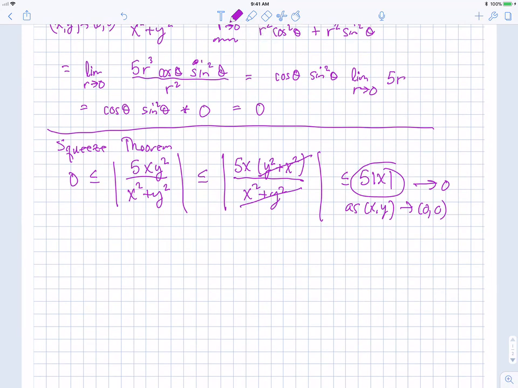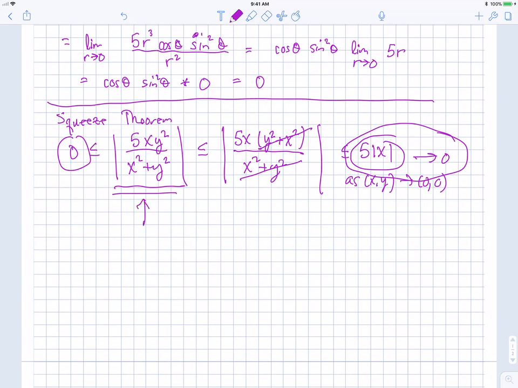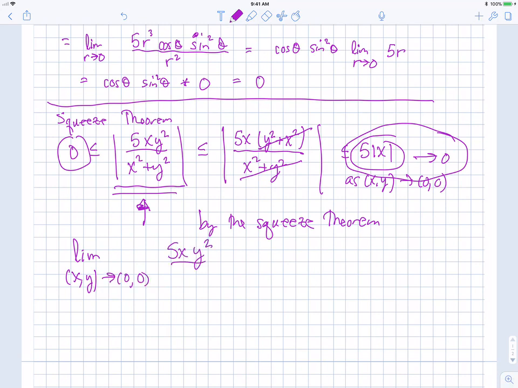So we've squeezed the absolute value of our function between 0 and something approaching 0, as x and y both go to 0. By the squeeze theorem, this has to go to 0 as well. So that proves, by the squeeze theorem, that the limit as x and y approach 0 of 5xy squared over x squared plus y squared equals 0.